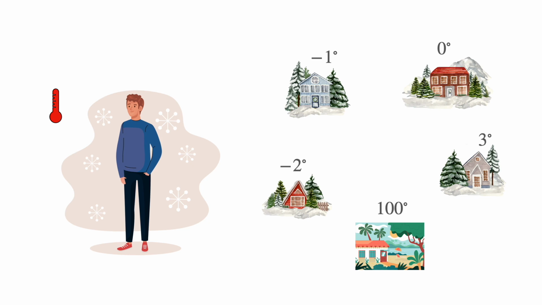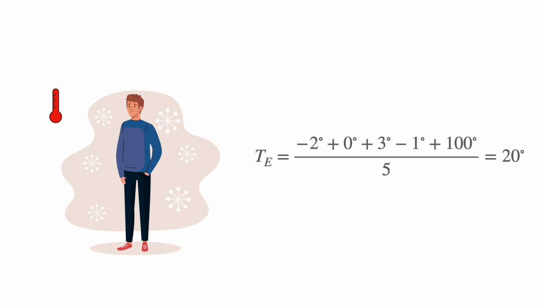Stranger things have happened. So he decides to go ahead with the experiment as planned and does the calculation. He starts with 2 degrees, adds 0, adds 3, subtracts 1, adds 100, and then divides that total by 5. That gives him 20 degrees.